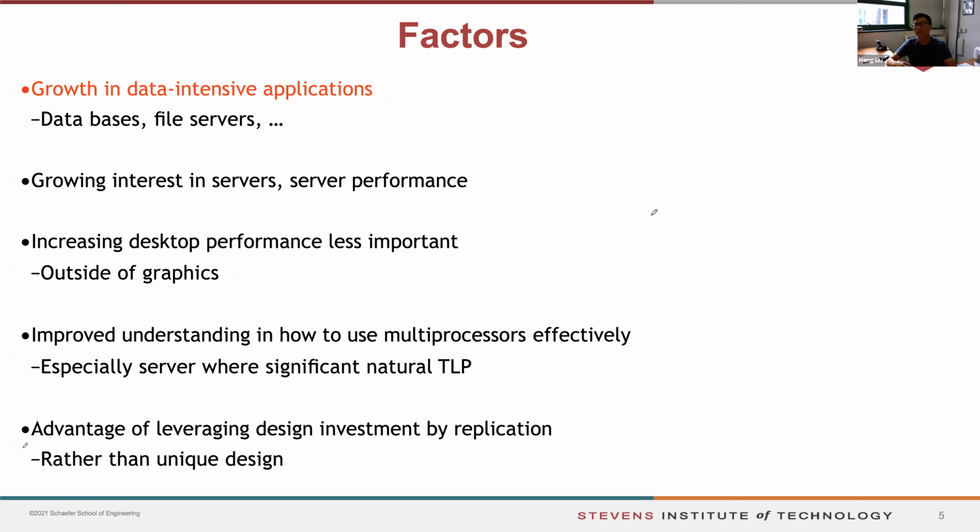So that's why we have to go to multi-core or even scale to more powerful processors and servers. People also have an improved understanding of how to use multiprocessors effectively. I still remember when I was an undergrad in the early 2000s, multiprocessors were very, very rare, at least in my undergrad years. We typically used a single core.